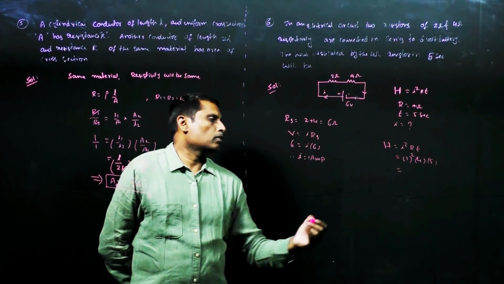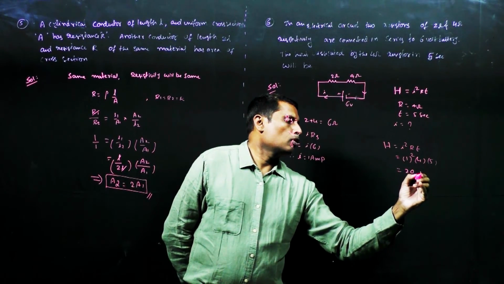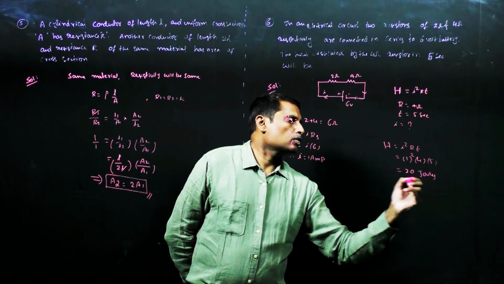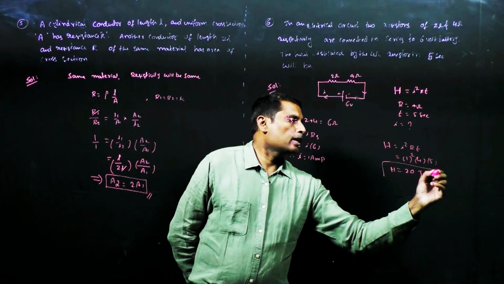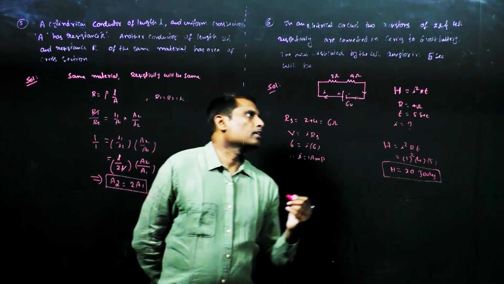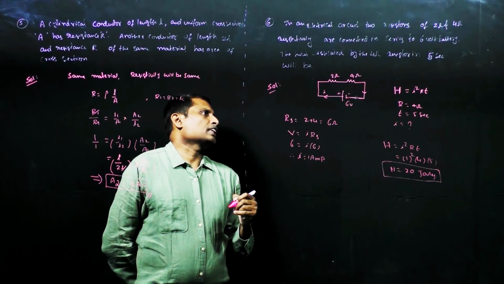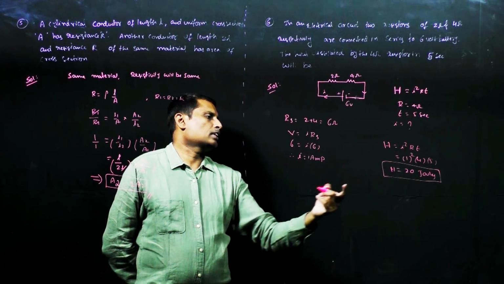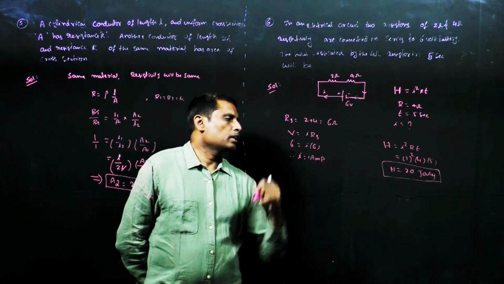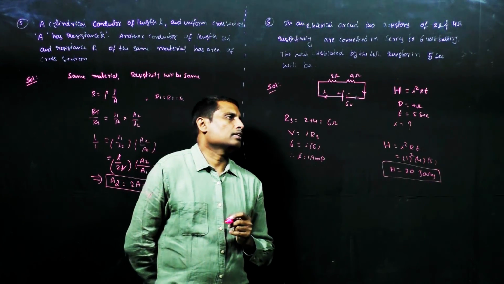So we can write 5 into 4, that is equal to 20 joules. Therefore, the heat energy dissipated by the 4 ohms resistor in 5 seconds is 20 joules.